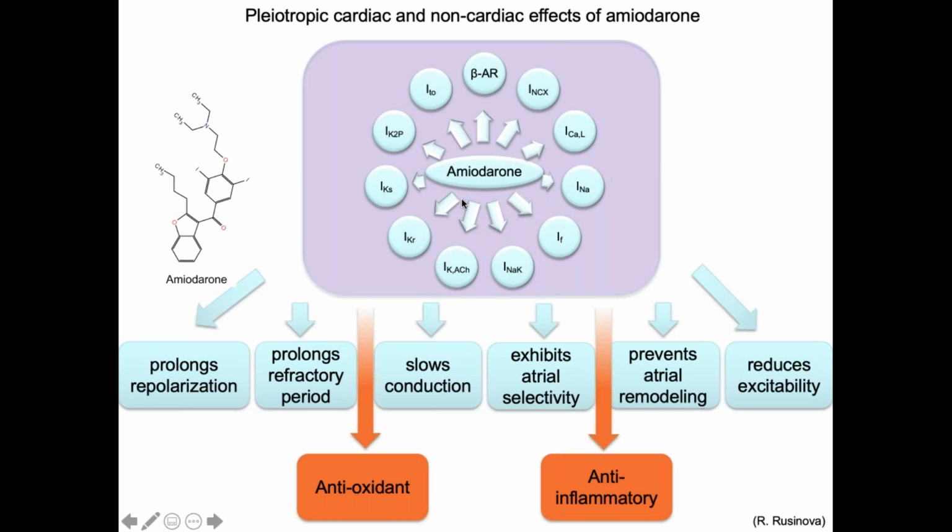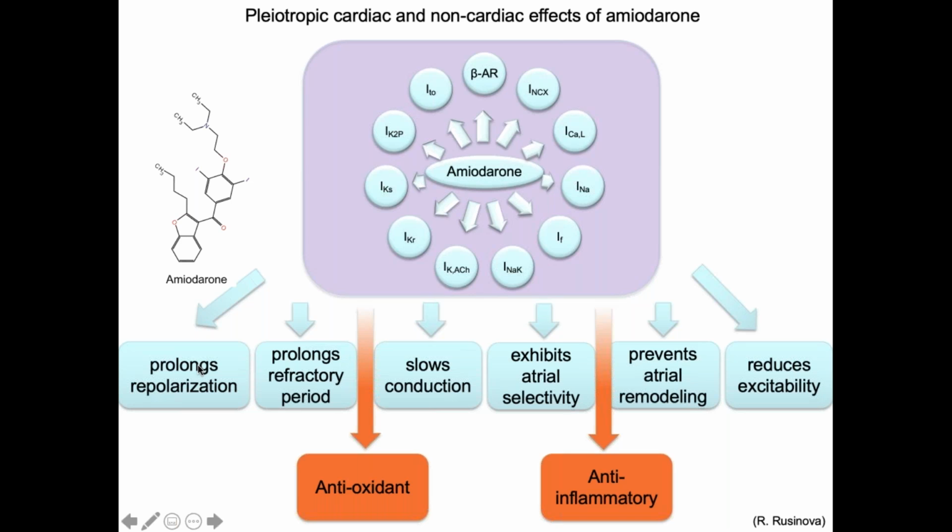Rada Rusinova studied the effect of amiodarone, one of the most commonly used antiarrhythmic substances, which has no well-defined target. Indeed, it is known to alter a lot of different membrane proteins in cardiac cells that have all sorts of effects.